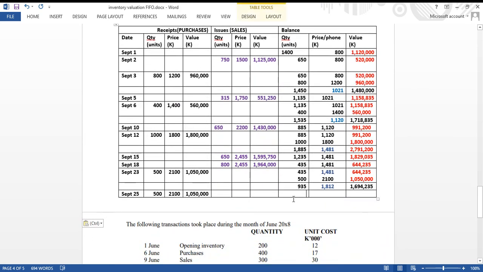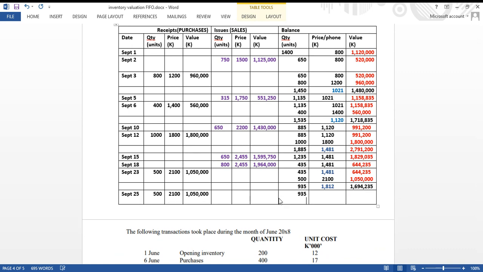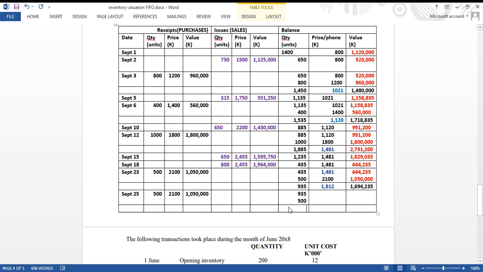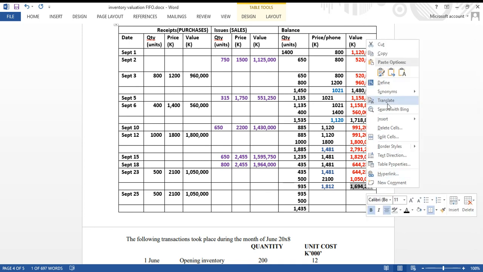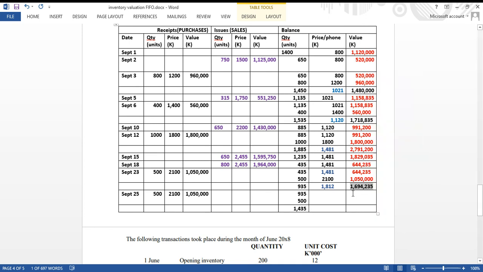So here again, we're going to say 935 plus 500. We get 1,435. All right. Then we put in these amounts here. So get your calculator. 1,694,235 plus 1,050,000. As I'm putting everything in order.